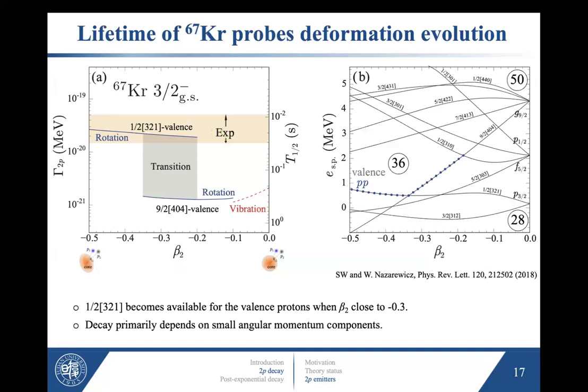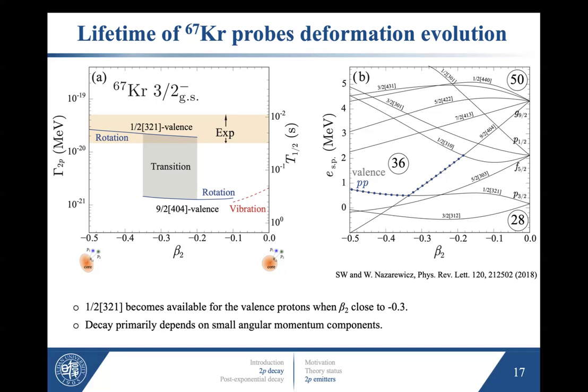In our previous work, we calculated the deformation impact on these decay properties, and we found that the deformation is crucial for the decay lifetime of krypton-67. When the system is spherical, the valence protons mainly occupy the F waves. As a result, the calculated decay lifetime is much larger than the experimental measurement.